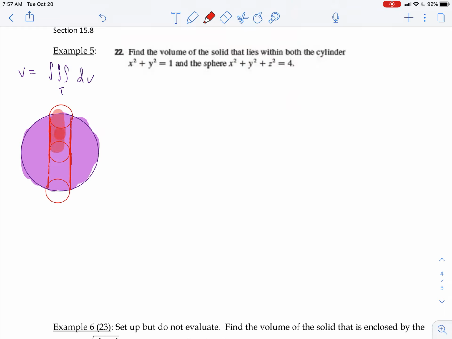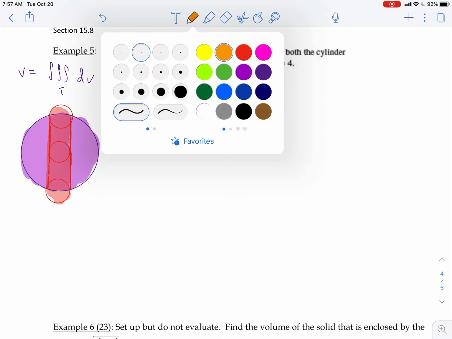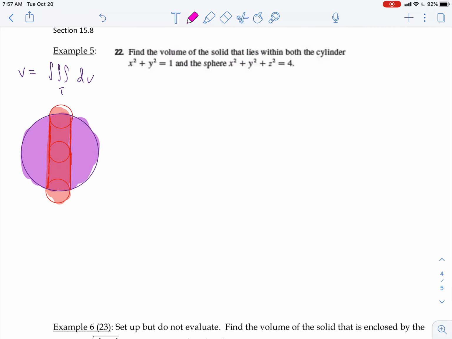And so what we want to do, we want to find the volume that's in red, because that lies within both the cylinder x squared plus y squared equals 1 and the sphere x squared plus y squared plus z squared equals 4.